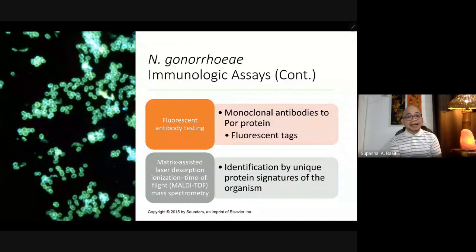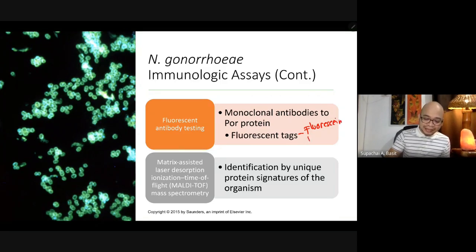And immunologic assay would also be available as well. Aside from the coagglutination, we also have the fluorescent antibody testing. We are also using monoclonal antibodies against a specific protein, which we have discussed a while ago, the core protein. And then we add fluorescent tags, usually in the form of fluorescein isothiocyanate.